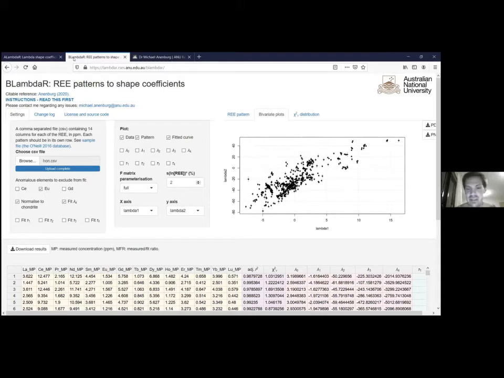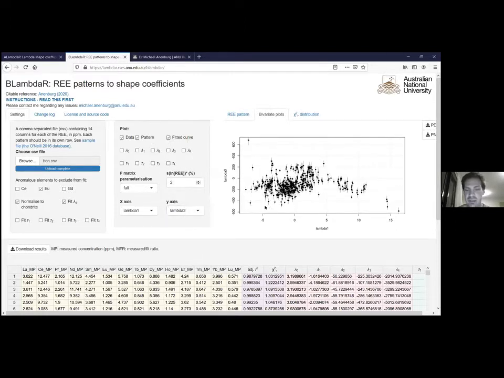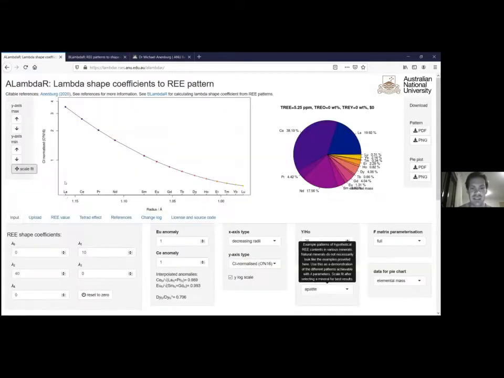The other thing is we can even tweak our patterns a bit. Let's have a look at lambda 3. We can see that most of them cluster at around maybe -200 for lambda 3. So we can take this, add -200 to the lambda 3, and this is a pattern that looks a bit more like a typical enriched MORB.